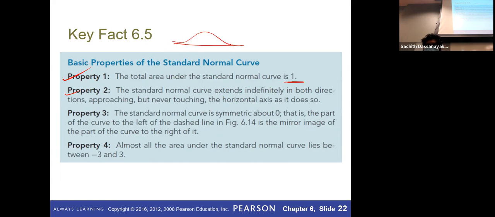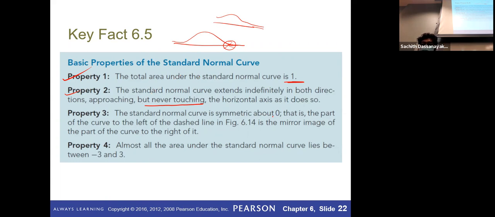Theoretically, they meet the axis only at infinity, never touching each other.